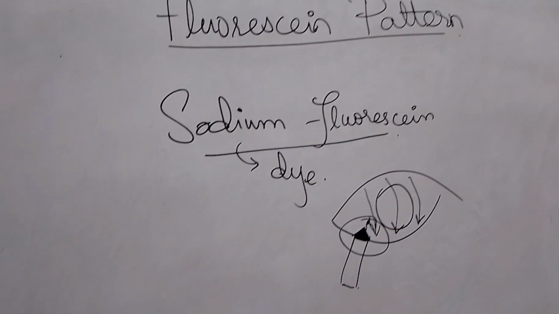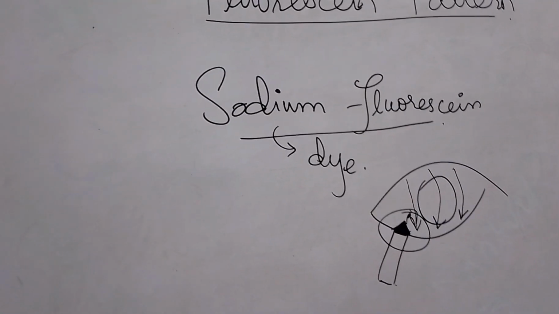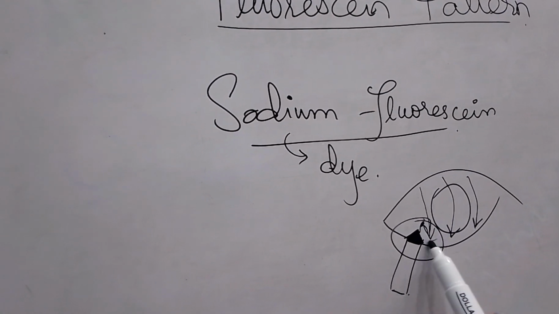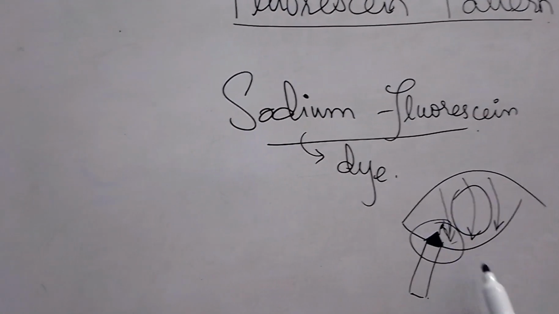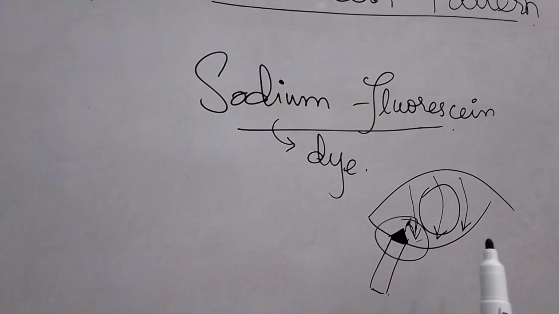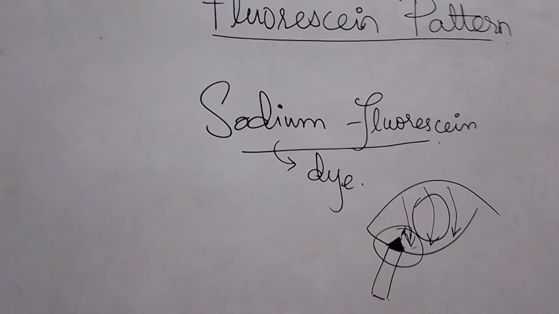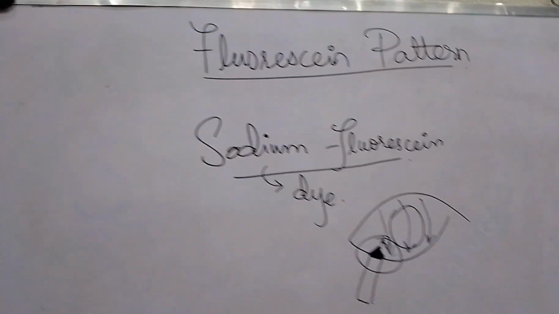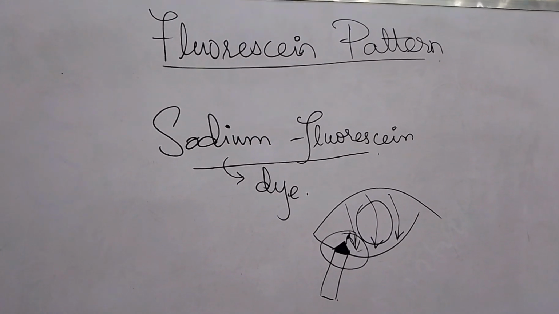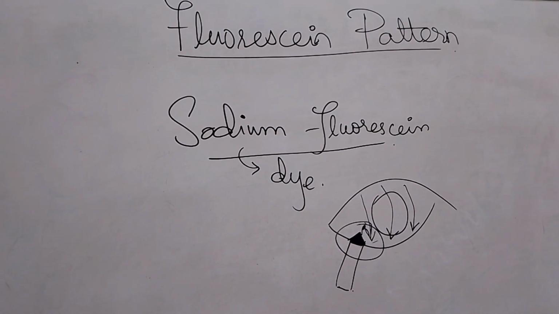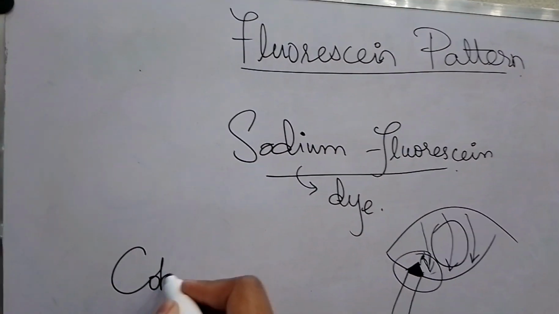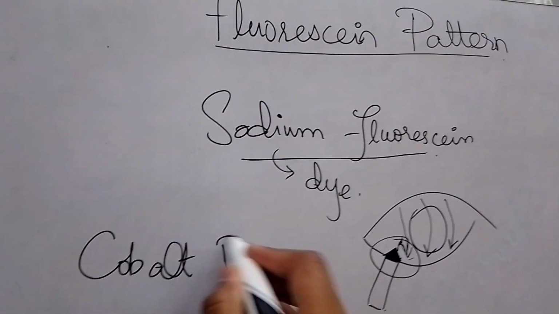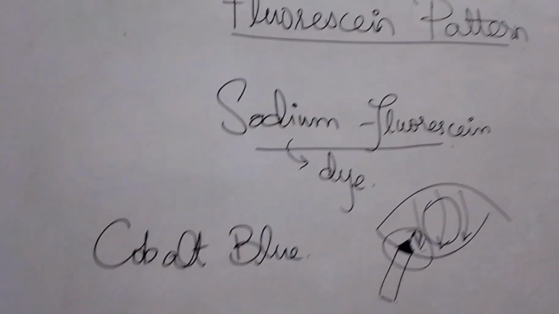You can see an orange color that has been spread onto the surface of the patient's eye, and you ask the patient to be seated at the slit lamp, and you have to turn on the cobalt blue filter. One more important thing is the cobalt blue filter, right?